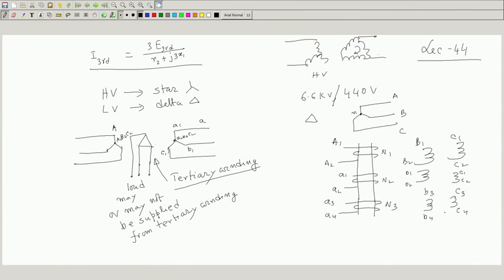So, you have 2 secondary coils and they need not be of the same turns. Depending upon your voltage requirement, you can decide what should be your N2. This is N1, this is N1. This is N2, this is N2 and this is N3.